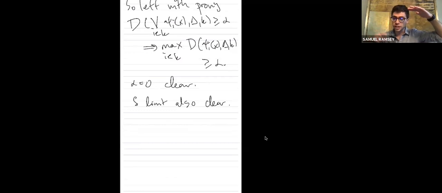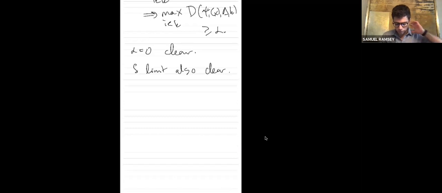So there's going to be one of the disjuncts which is greater than or equal to alpha for every alpha less than delta, just because there are finitely many disjuncts. So if it is true for every alpha less than delta, it's got to be true for delta as well, just by the definition of limit and the pigeonhole principle. Maybe not clear, but by pigeonhole principle.